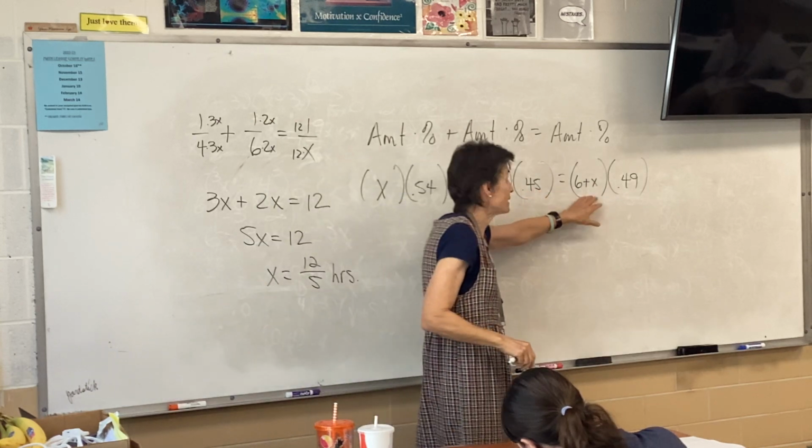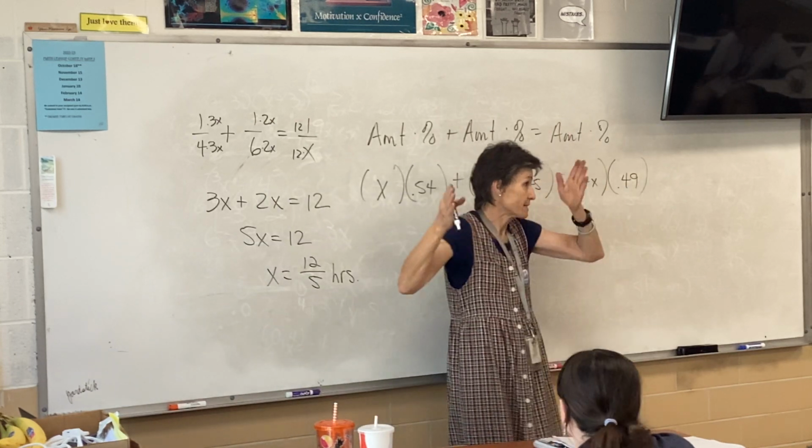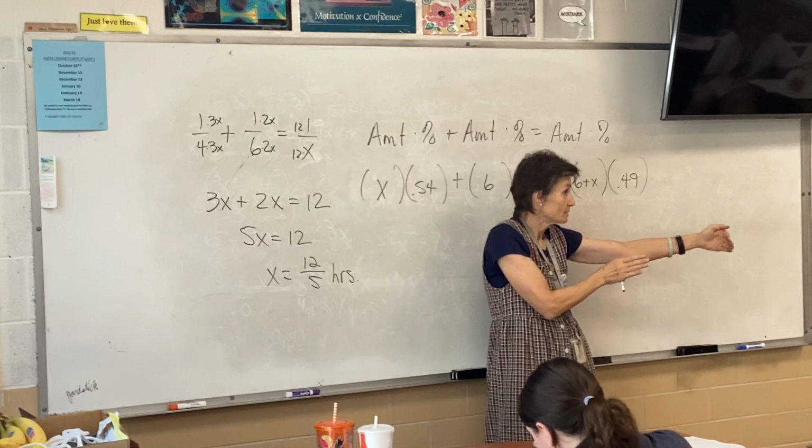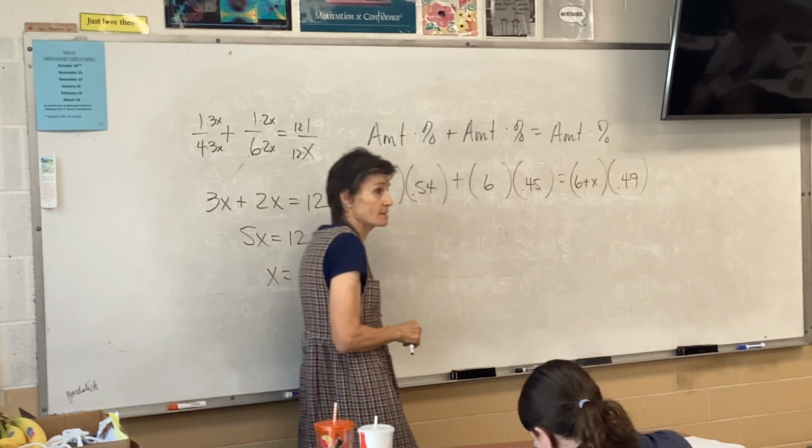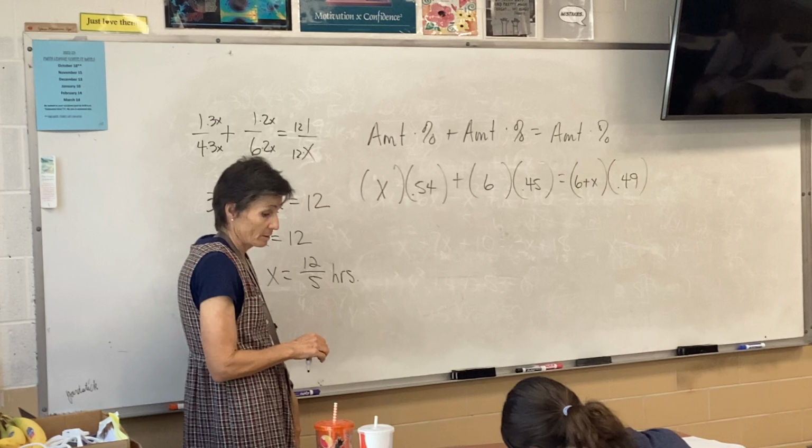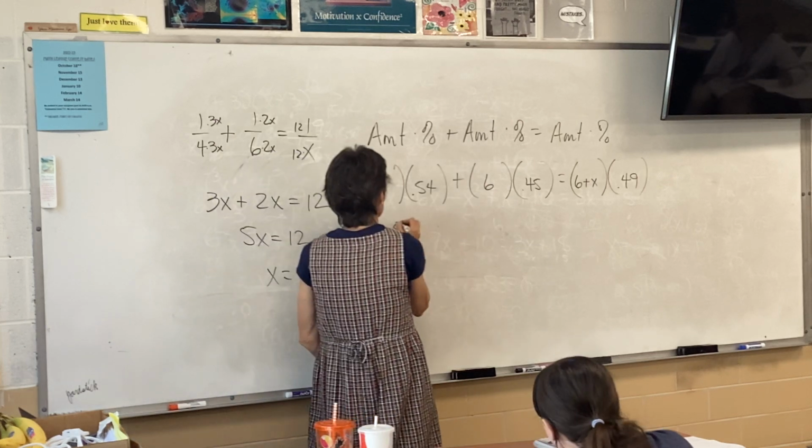Because this over here is the total. It's these two added together. So that's how we got the plus 6. Okay, here we go.